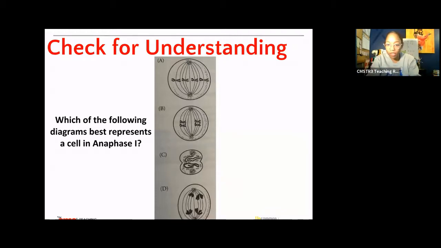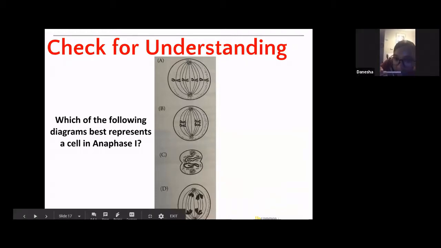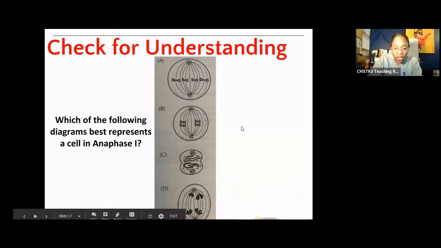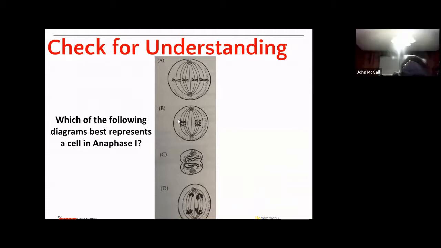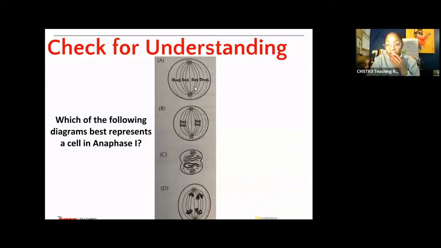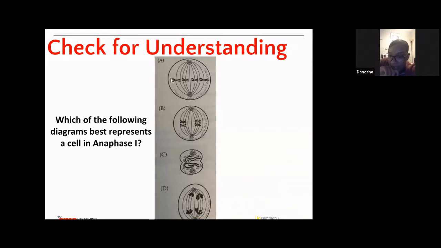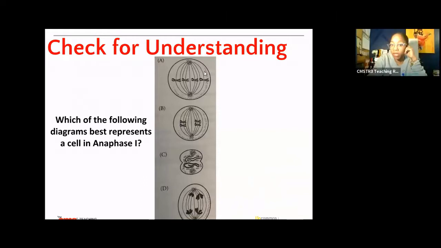I see some B's and some D's. Which ones were we able to eliminate by process of elimination? A, because A is actually what phase? Metaphase. Excellent. A is metaphase. They're lining up in the center, and we can also get rid of what?